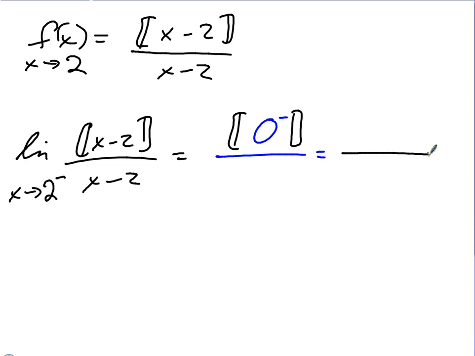So the top is -1. Now the bottom is really approaching 0, isn't it? We really are getting something like 0 minus on the bottom. So this is looking like -1 over 0 minus.